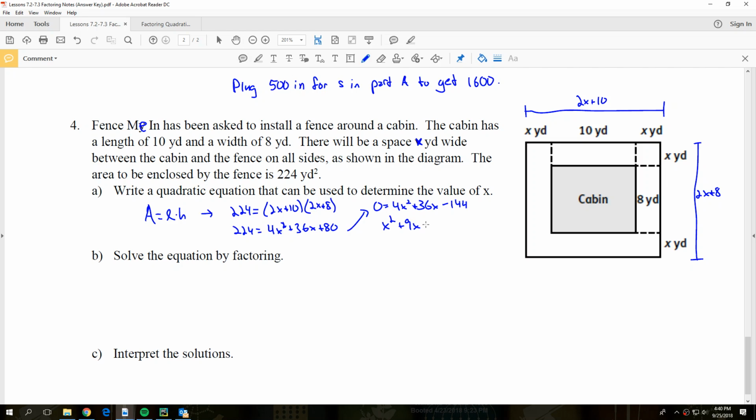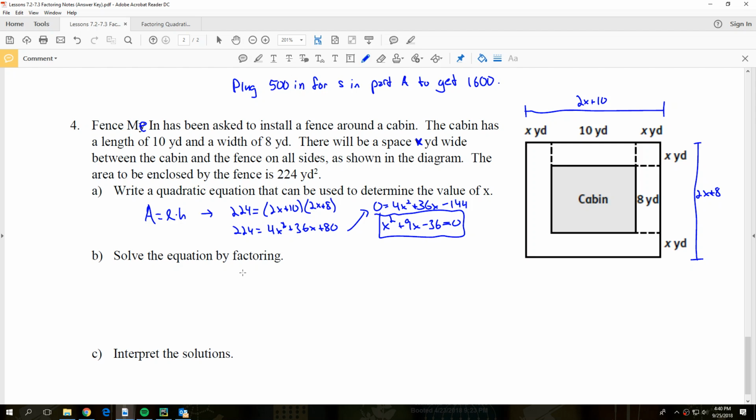So x squared plus 9x minus 36 is equal to 0. And there we go. By the way, if you graph this, it will give you the exact same graph. There's nothing saying you can't multiply both sides by massive amounts of numbers. You're still going to get the same thing.